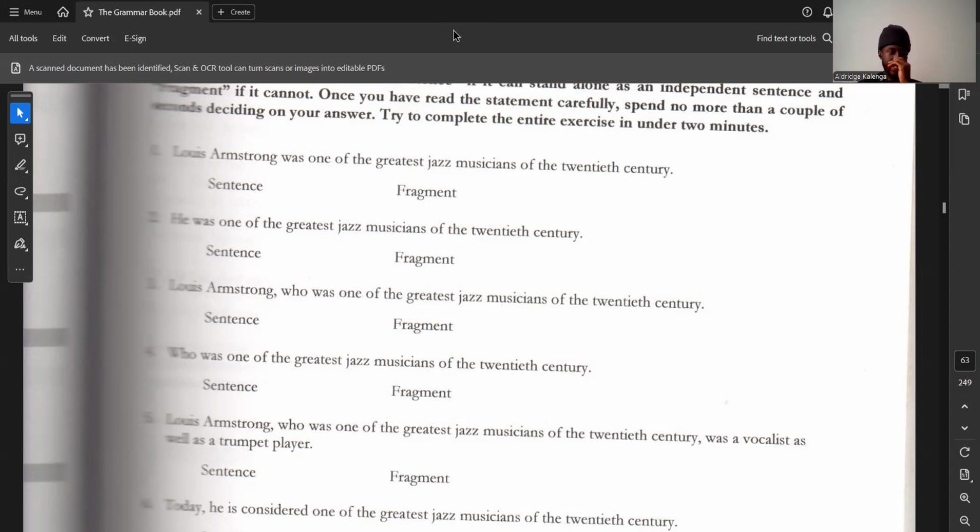So that is a fragment, and the reason is that it's not a question, it's a statement. It's a weird statement. If someone was asking you who was one of the greatest jazz musicians of the 20th century, then it's a question, and that's okay. It's a sentence, it can stand alone. But I want you to think of it this way: this is not a question, it doesn't have that question connotation.